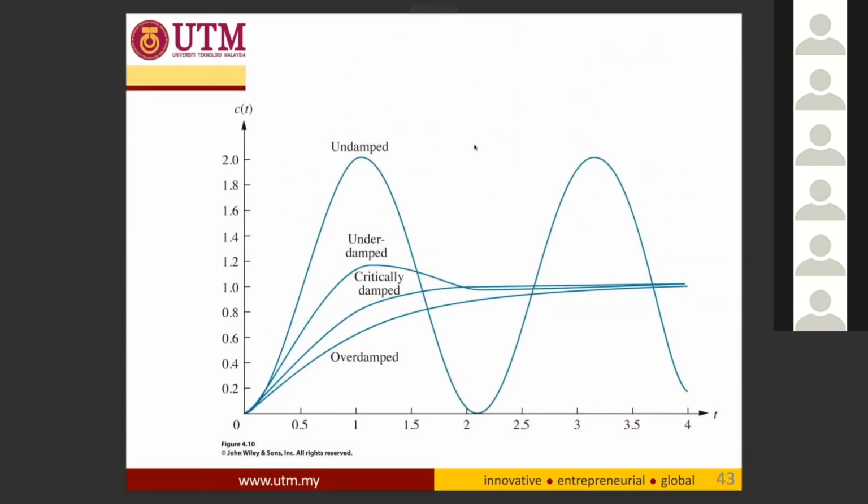So we can conclude here the 4 responses. Negative damped is not included because negative damped is considered an unstable system. So basically there are 5 categories. Okay, in the books there are 4 categories.